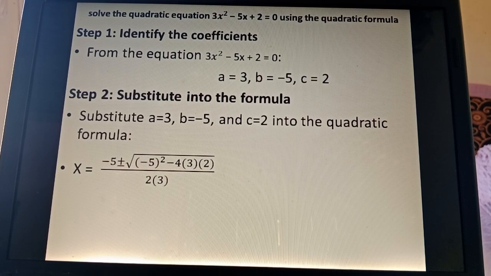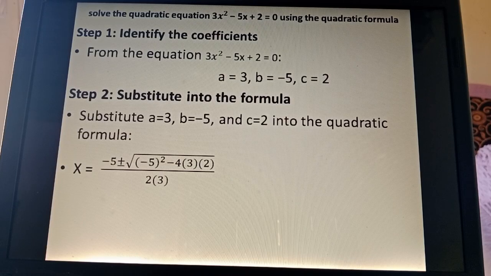Substitute a equals 3, b equals negative 5, and c equals 2 into the quadratic formula, and therefore you get x equals negative negative 5 plus or minus the square root of negative 5 squared minus 4 times 3 times 2, over 2 times 3.